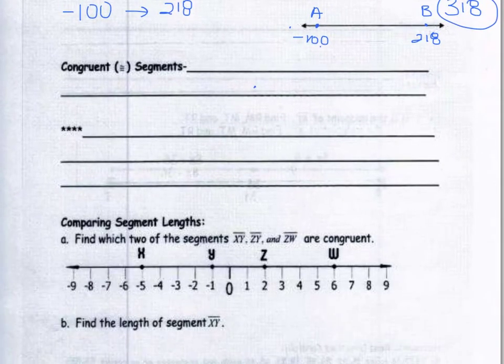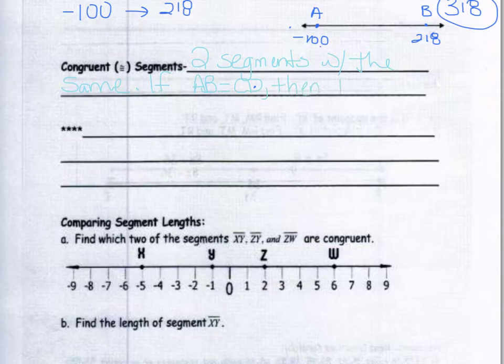Congruent segments: 2 segments with the same length. So the shape is the same. So we say if the length of segment AB is equal to the length of segment CD, then here's another conditional: segment AB is congruent to segment CD.